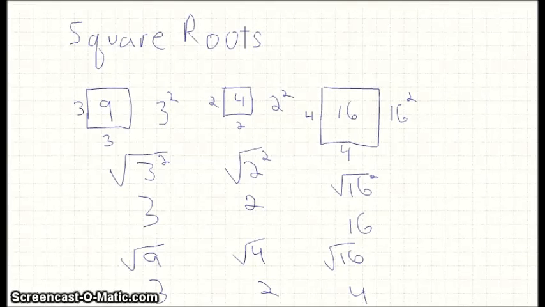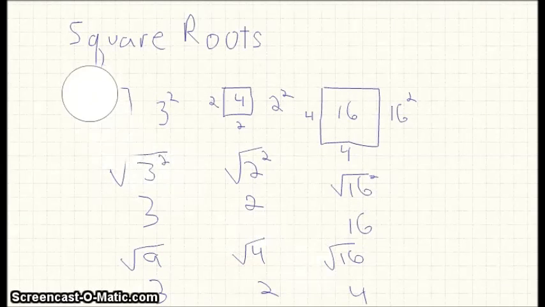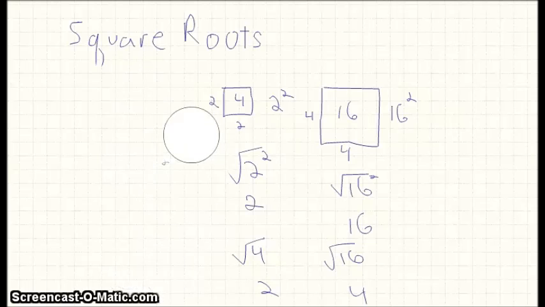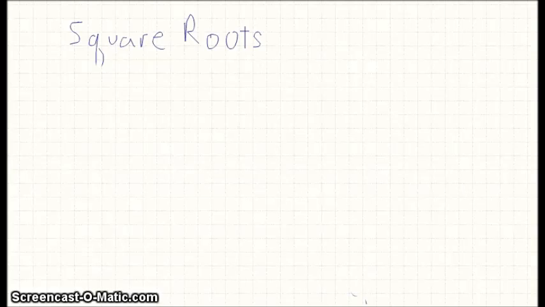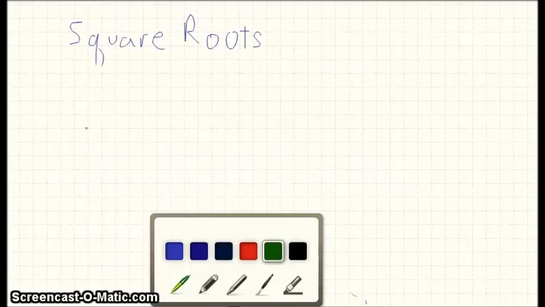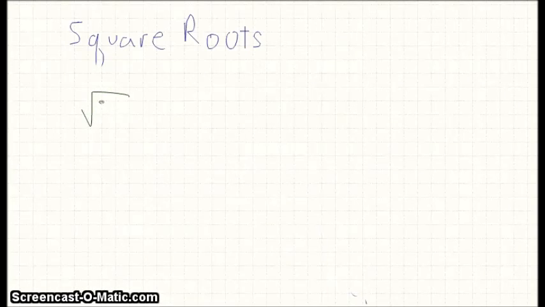So let's do a couple where they don't work out quite so nicely. If we had a number like square root of 20, well, there's no number times itself that equals 20.